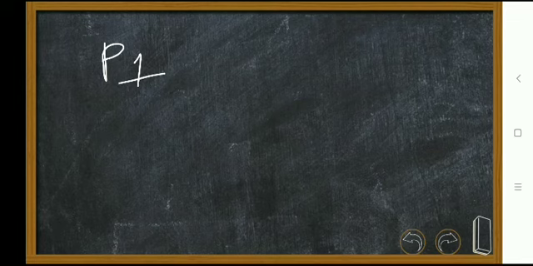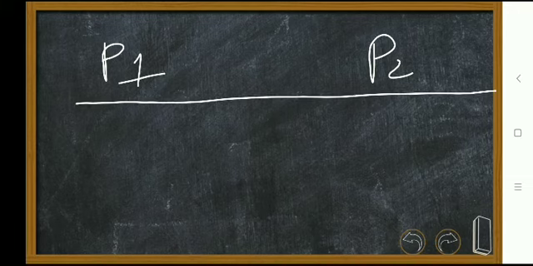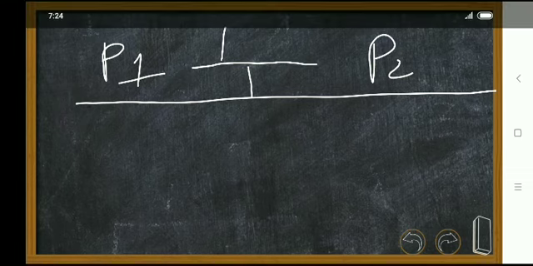We have person A, say person 1, then we have P2, person 2 here. They all operate with an account of, let's say, $200.